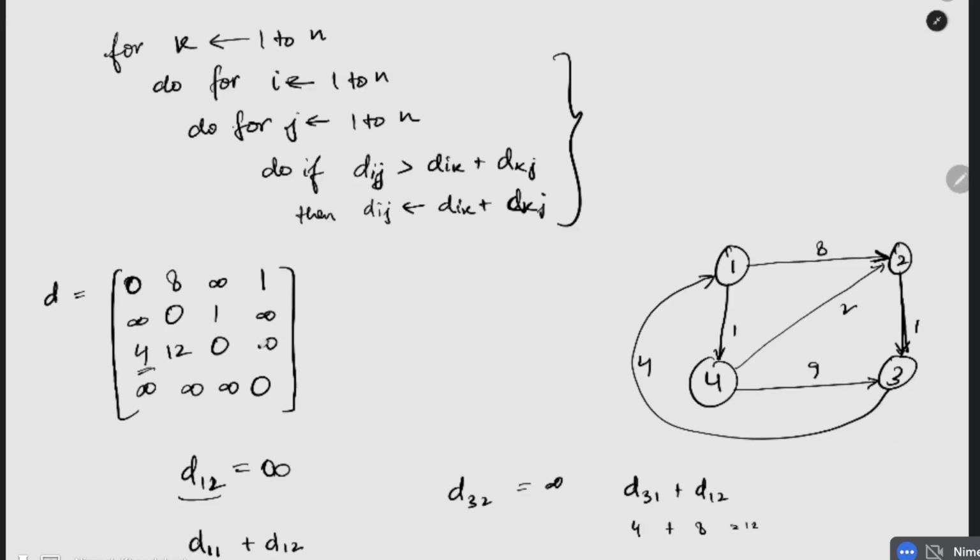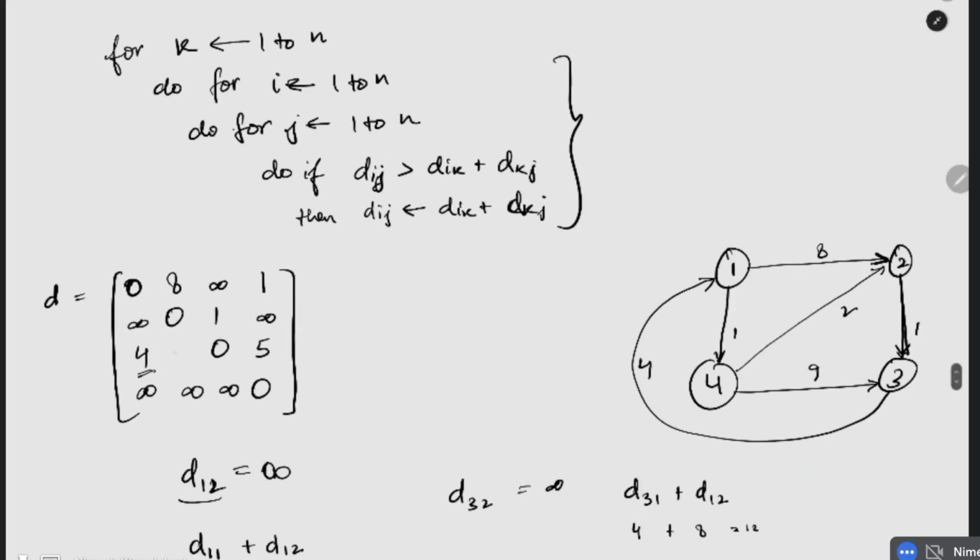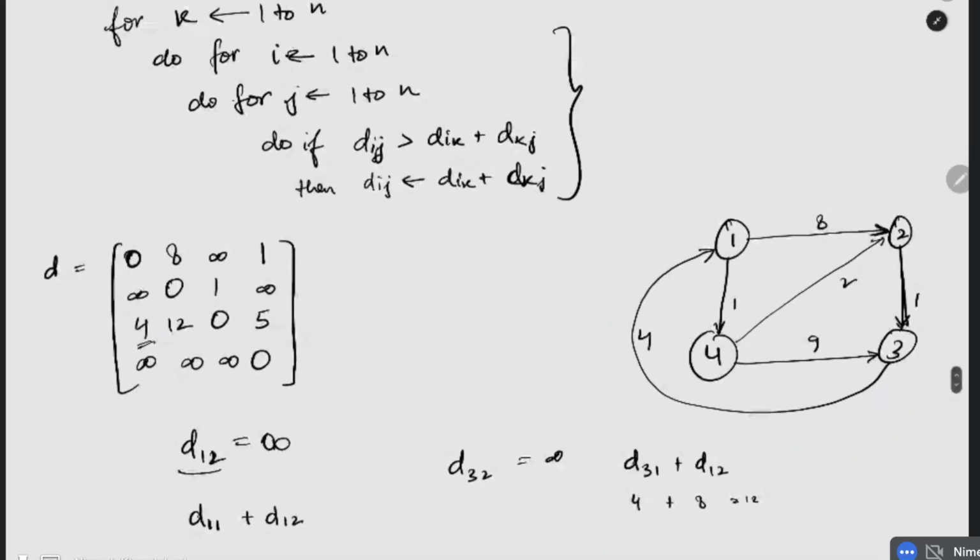Okay. So similarly, we have 5 here. Because this is for k equal to 1, this is anyways going to happen.